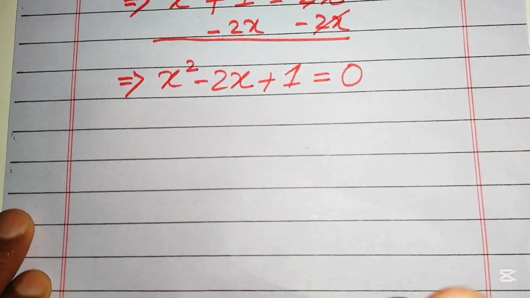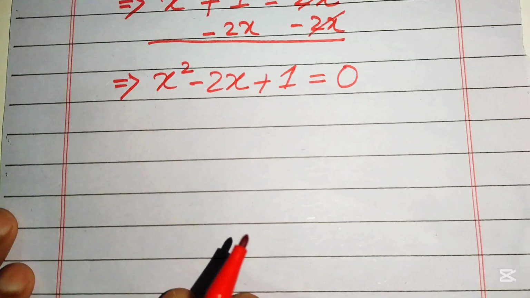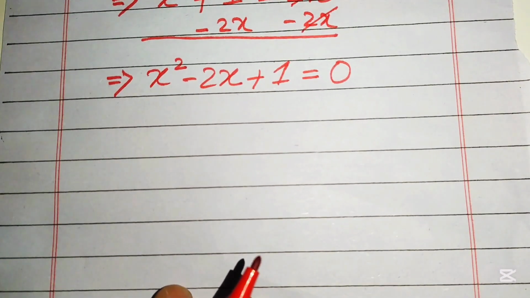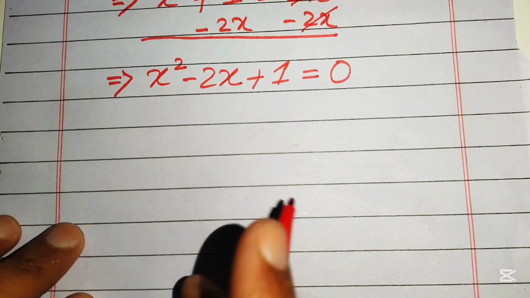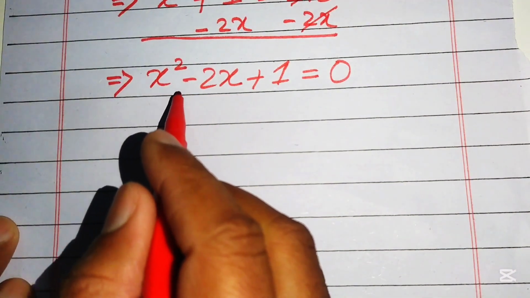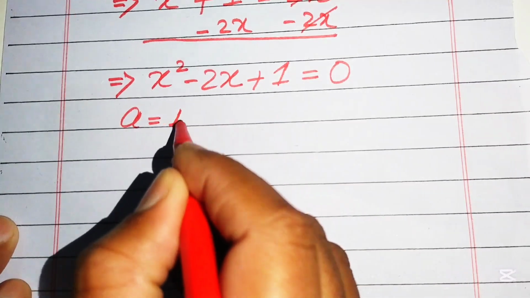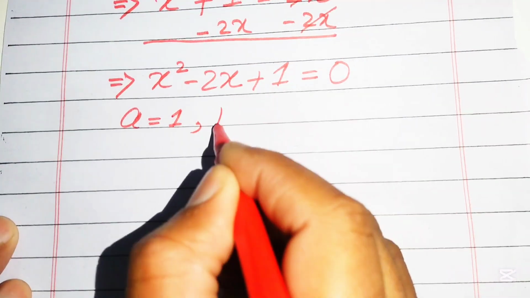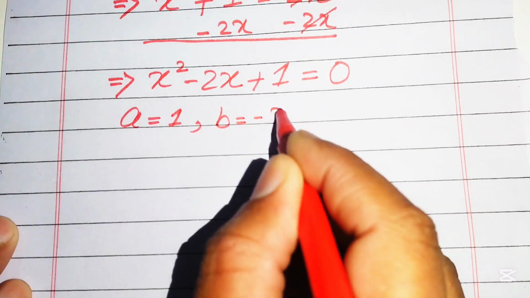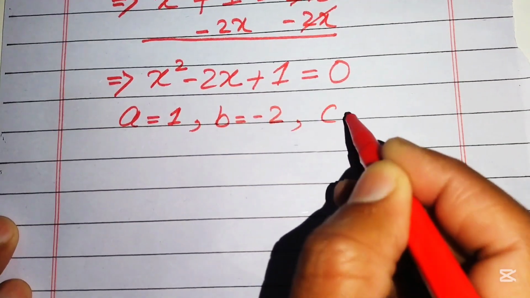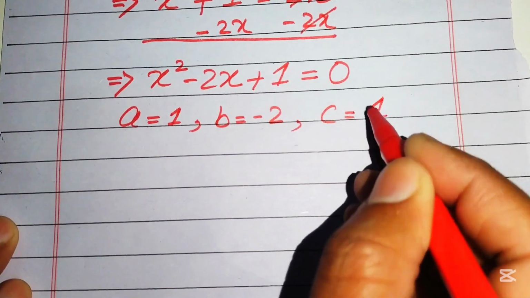So this is the standard form of the quadratic equation, and now we need to use the quadratic formula in order to find the values of x. First we write the coefficients of this equation: a equals 1, b equals minus 2, and c equals plus 1.